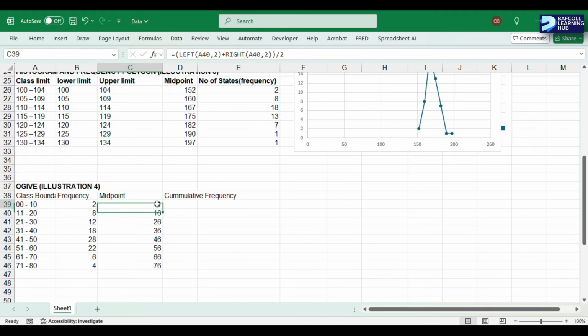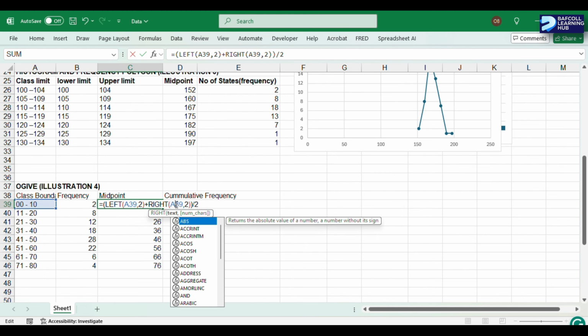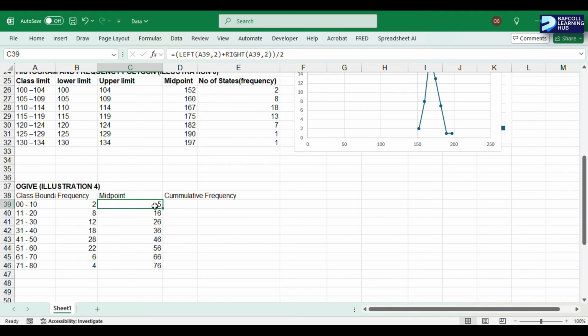Okay, this plus this 10 divided by 2. Okay, so I'll go ahead and compute my cumulative frequency.